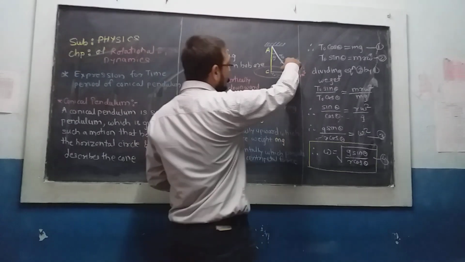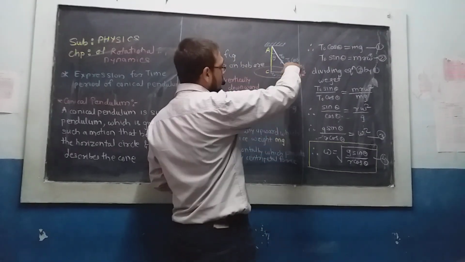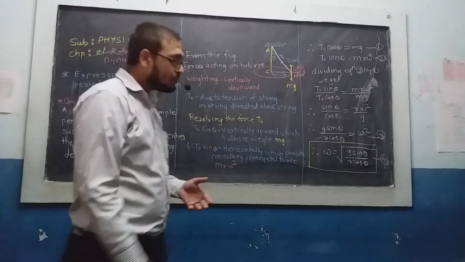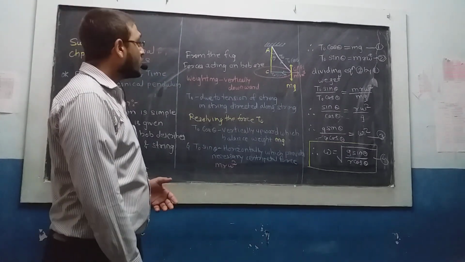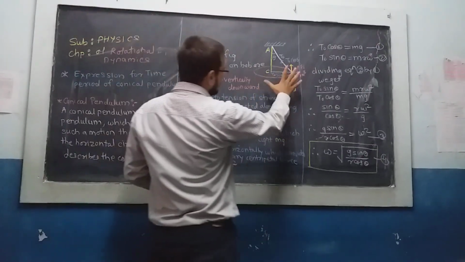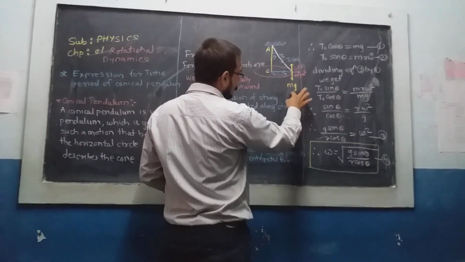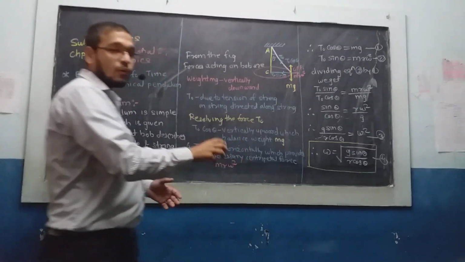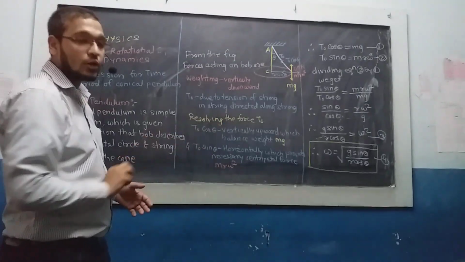The vertical component of this tension is T0 cos theta, and the horizontal component is T0 sin theta. From the figure, this is T0 cos theta, T0 sin theta, this is weight mg, and this is the centripetal force which is required by the bob so that it moves in circular motion.